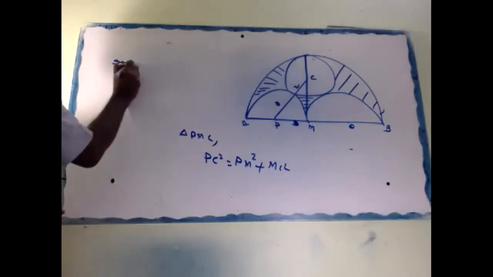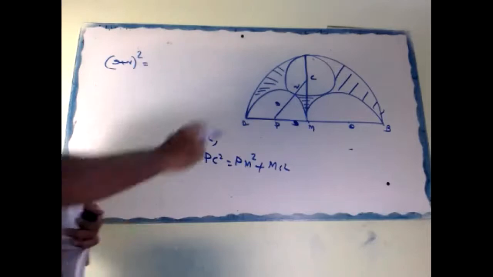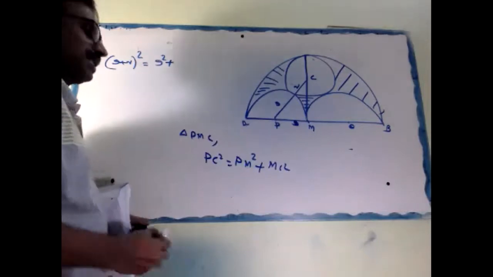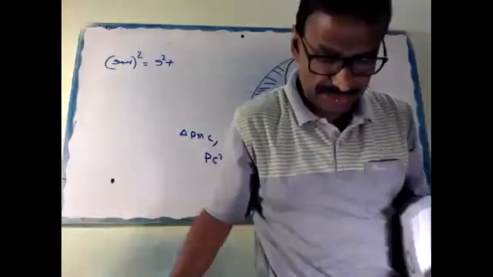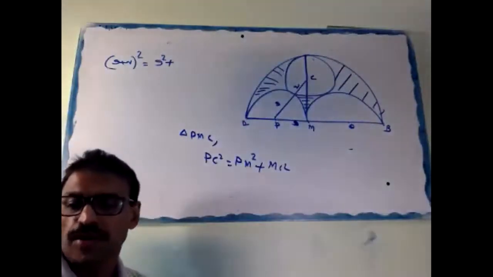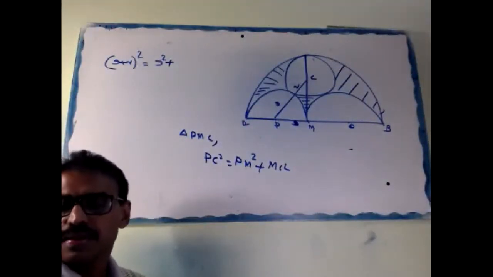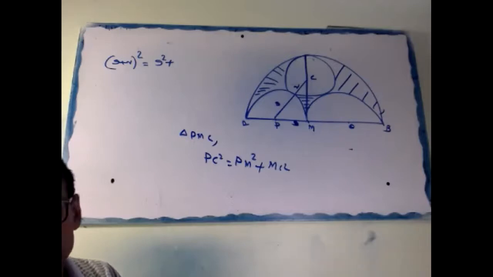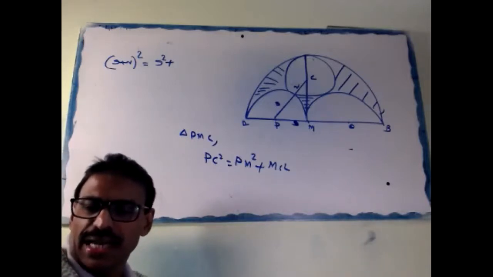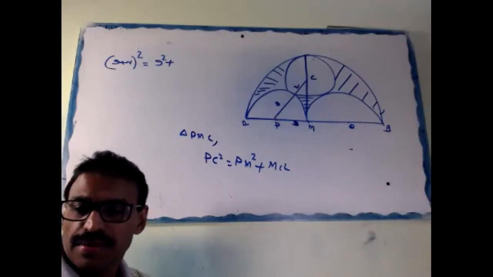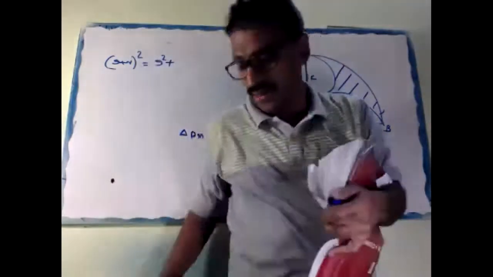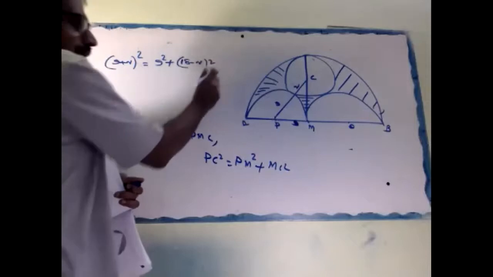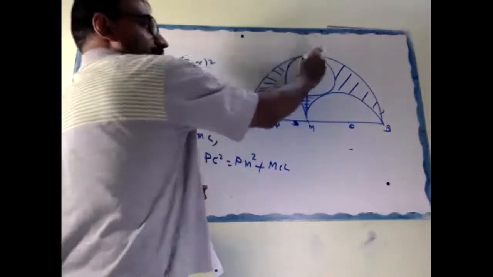So 9 plus R whole square equals 9 square plus how much MC? That's important. MC is not 18, it's 18 minus R, right? 18 minus R whole square, because this full is 18 and this is R here.